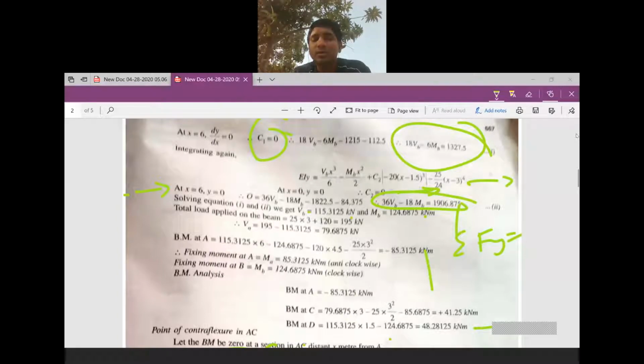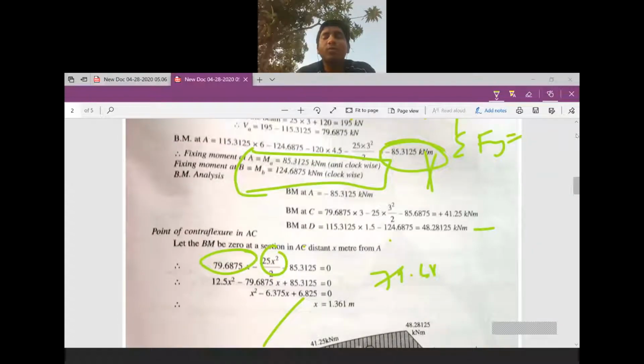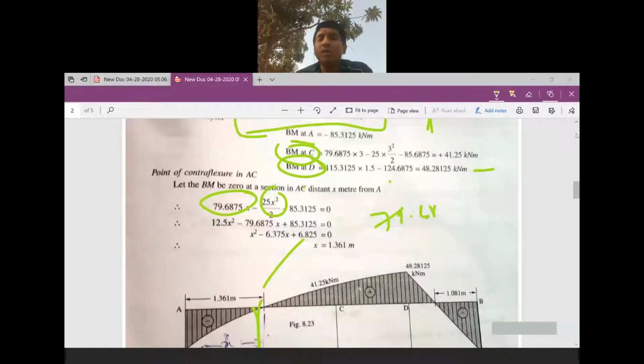After that you calculate the bending moment at A. Since you know the value of MB, you calculate the value of MA. Then you get the values of both fixing moments. After that you calculate the moment about A, the moment about C, and the moment about D. Then you draw the bending moment diagram.